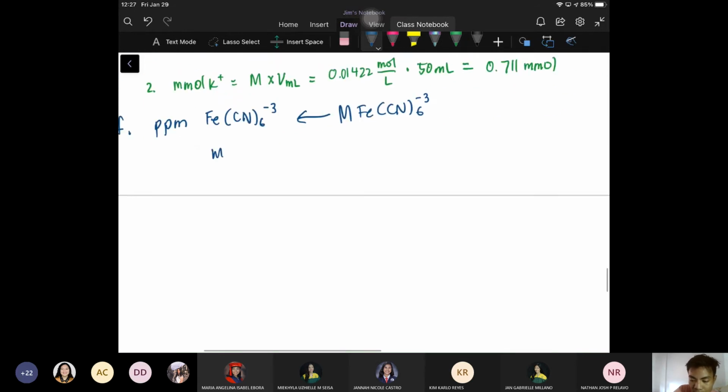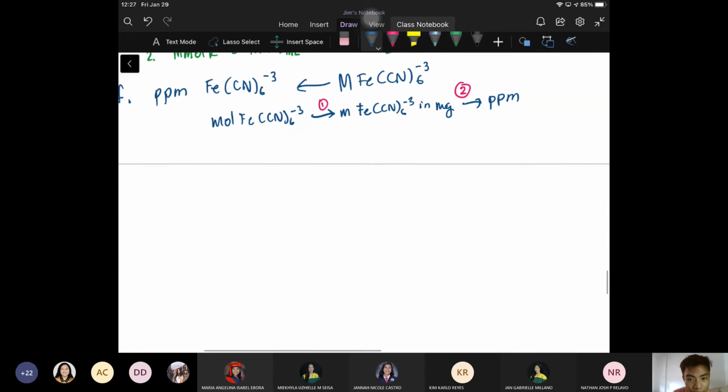So, again, from mole FeCN6 to mass FeCN6 in milligram. Then eventually, we can solve for the ppm. Okay, so this requires two calculations lang. Basically, 3 kasi gagawin mo siyang milligram eventually. Okay, so yan yung workflow natin.